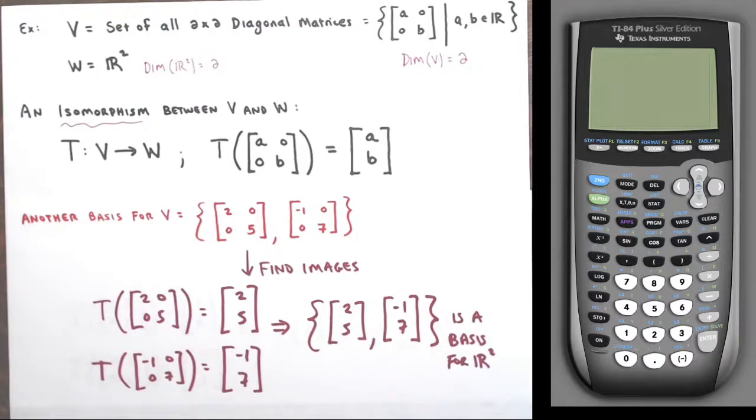And if no row is all zeros, then it spans the codomain and it's onto. If there is a row of zeros and it doesn't span, it's not onto. It's really that simple.